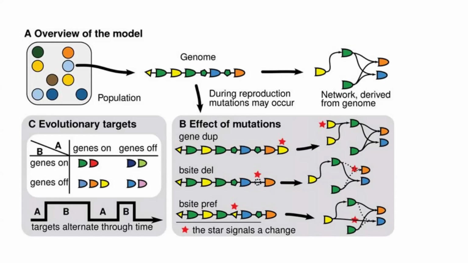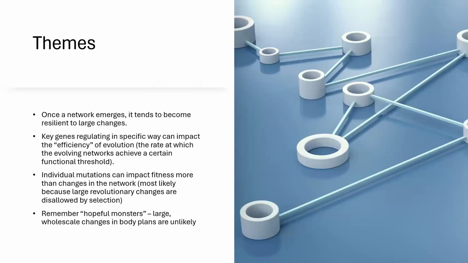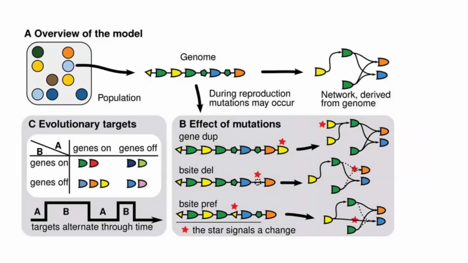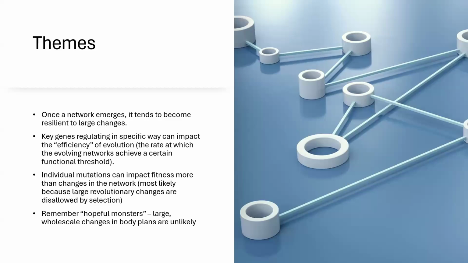A is on, then B, then A, then B. So they have a particular process in mind. I don't know what they're modeling there, but it's cyclic. And so then they come up with the generalization that once the network emerges, it tends to become resilient to large changes. So they start with random connections, and then it becomes resilient to changes once it firms up. That would be expected.